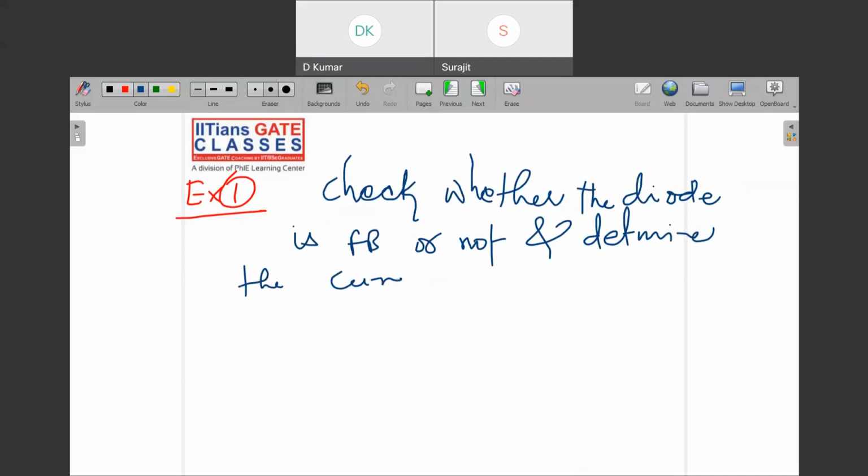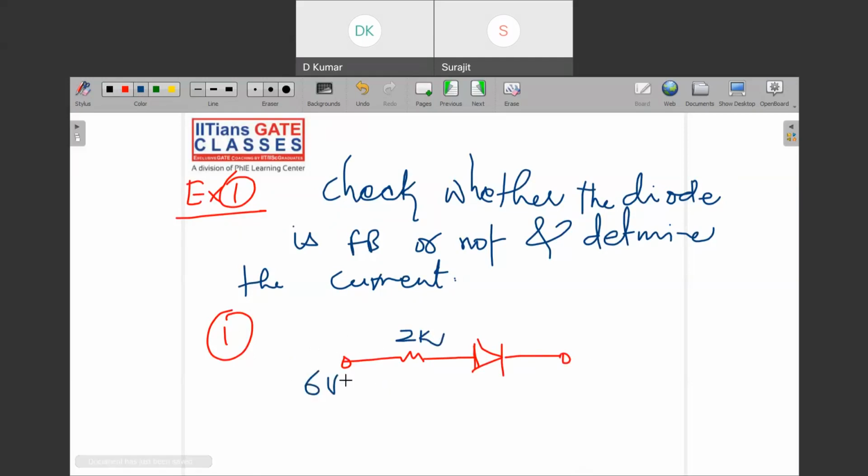Whatever problems I'm taking are from Sedra and Smith only. These are very good problems to start with. By looking at the question, right now I'm just considering an ideal diode, so don't worry about cut-in voltage and all. If nothing is mentioned, then consider an ideal diode.